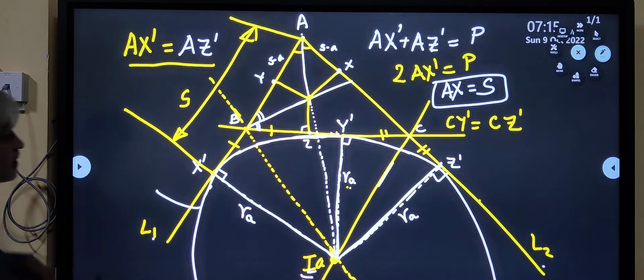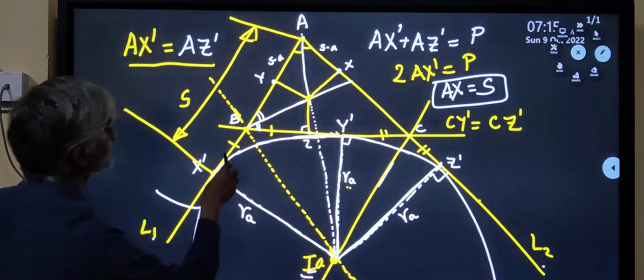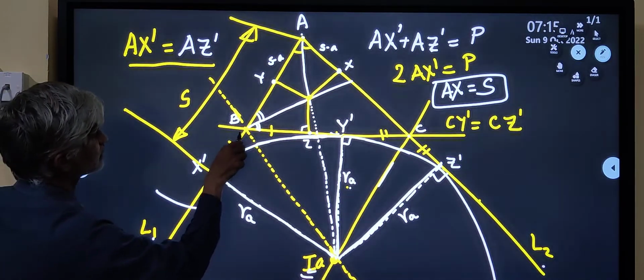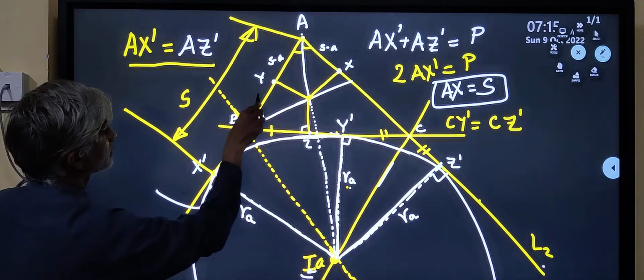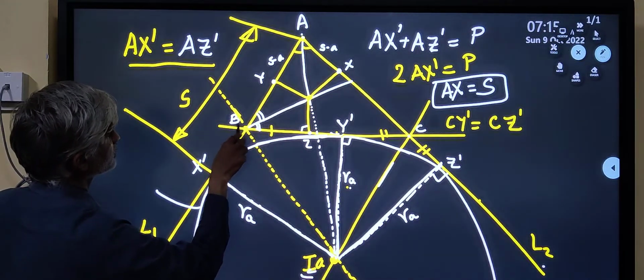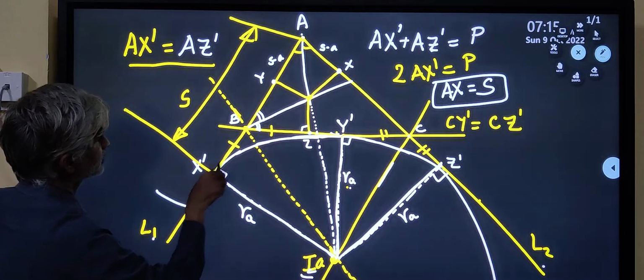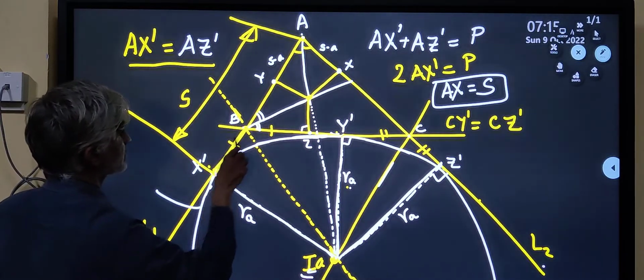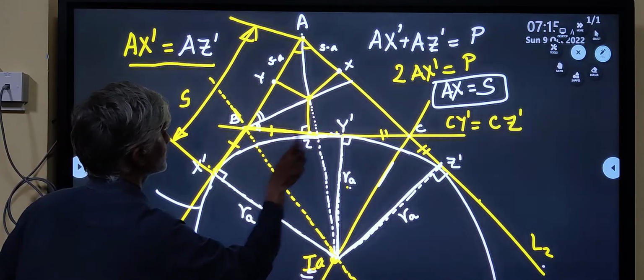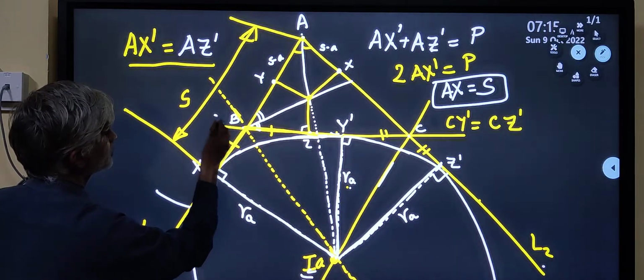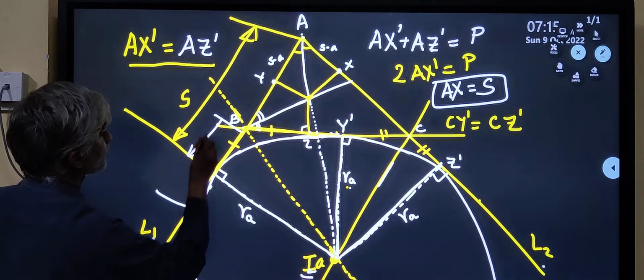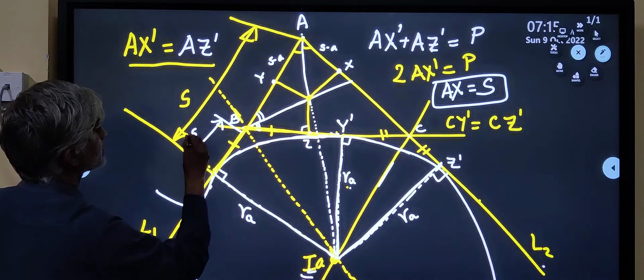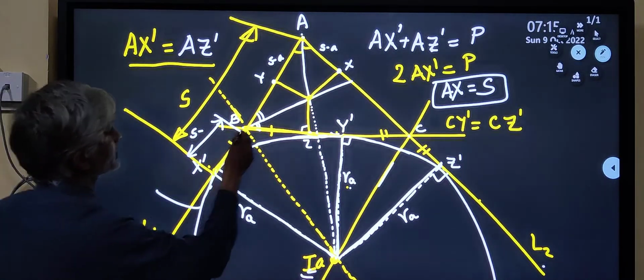Now, having said this, one immediately notices here that this length, which is BX dash, which is the same as this length, will therefore be equal to s minus, what is this length?